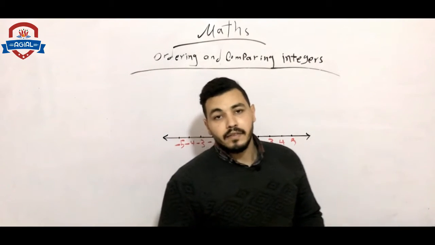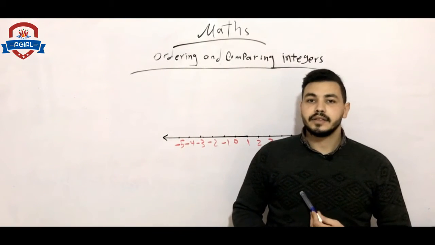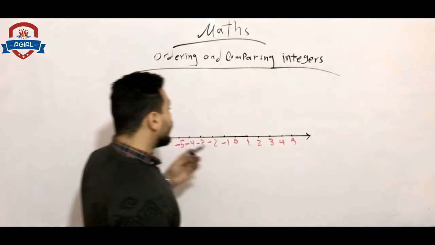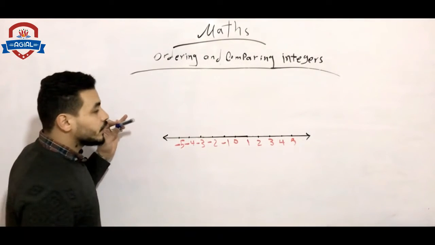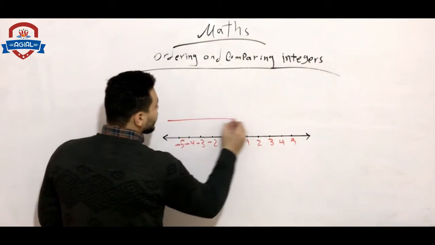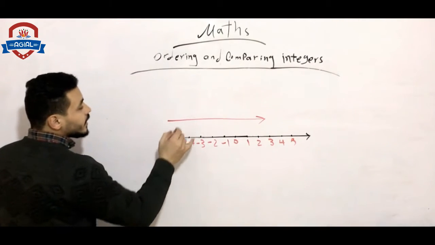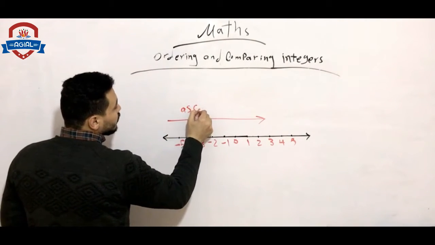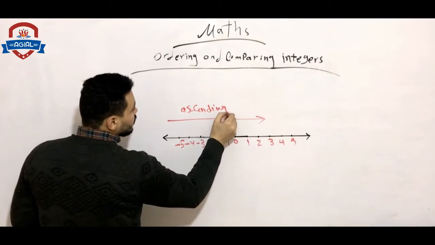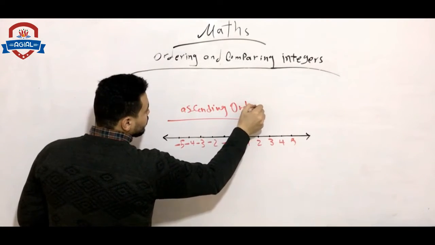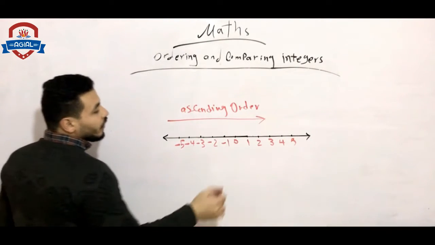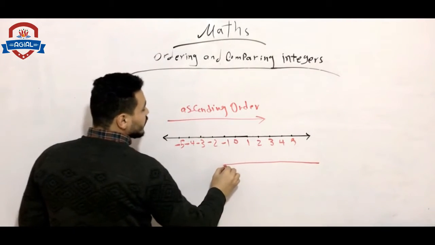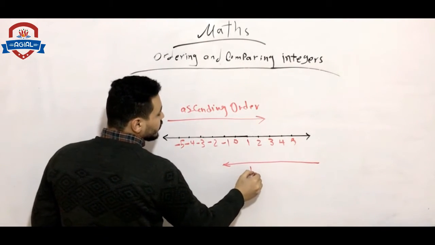So now we have the ascending order and descending order. If we move from left to right, this is ascending order. And if we move from right to left, this is descending order.